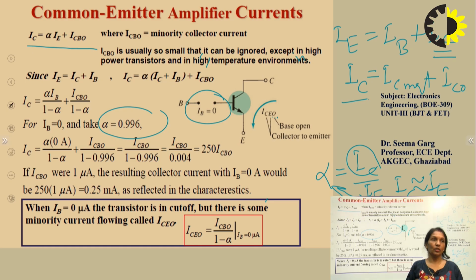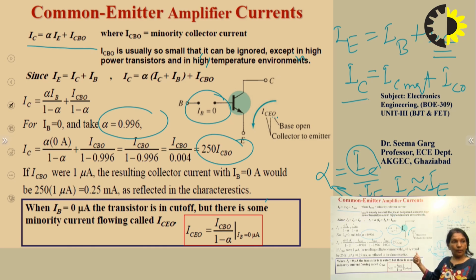If we take the value of alpha as 0.996 or 0.994, then keeping that value in this equation, we get IC equal to 250 times ICBO. So this is the value where, if you open the base or keep the base current 0, this value is reflected in the characteristic.